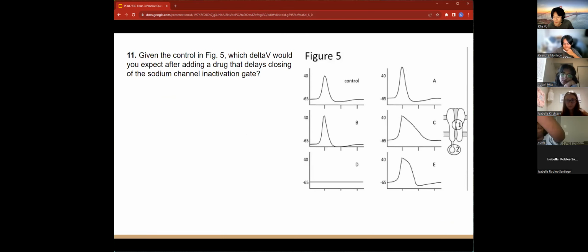Now for number 11, it's asking more about the inactivation gate. In the discussion, someone asked to explain more about how the inactivation gate and the activation gate affect these graphs.